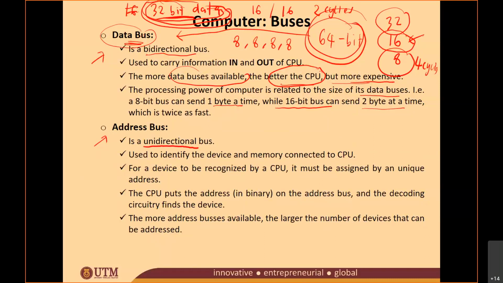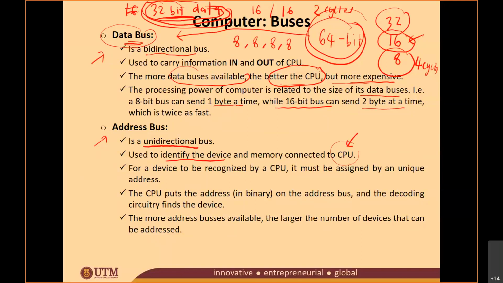This address bus is used to identify the devices and memory that are connected to the CPU, for example the memory, the input-output and the CPU.